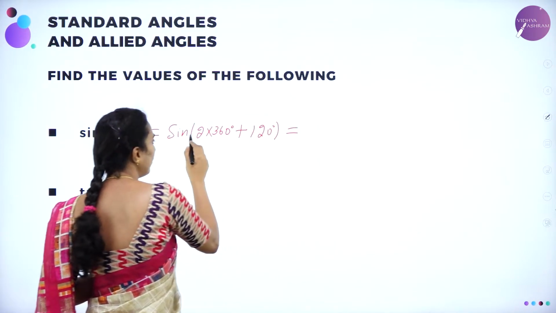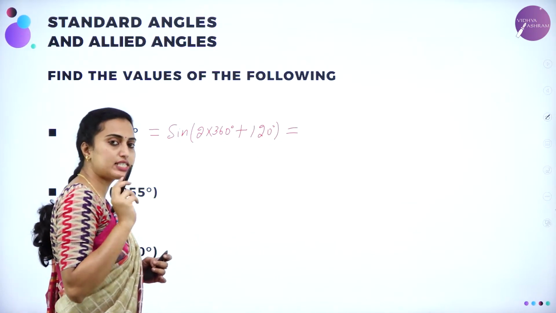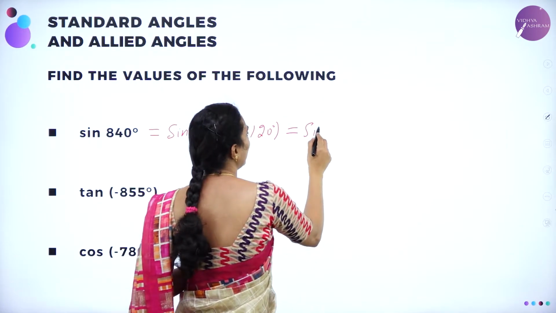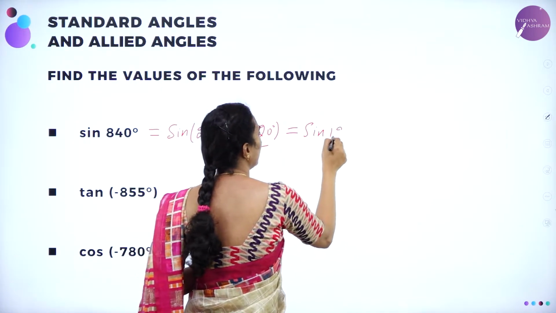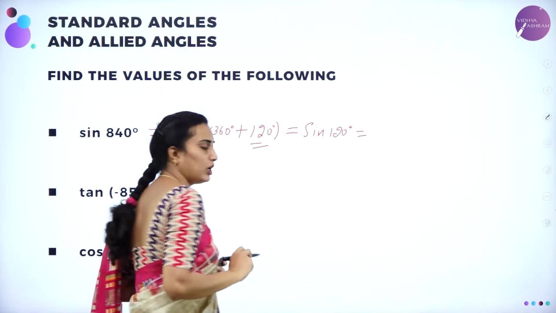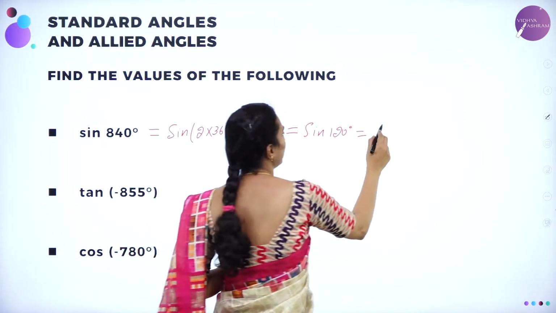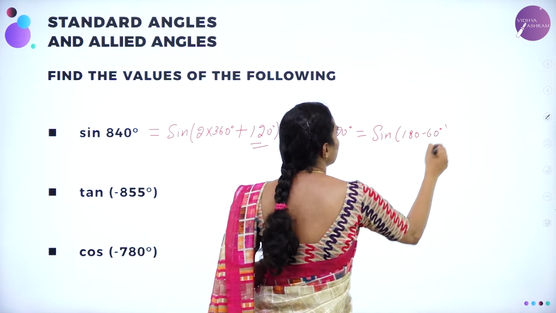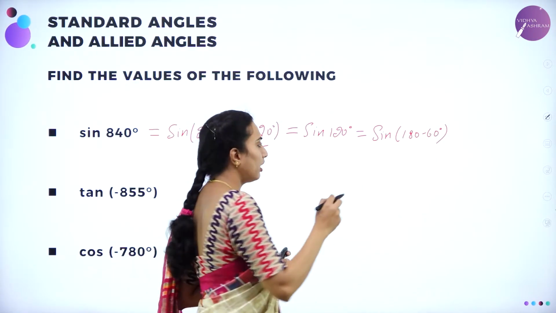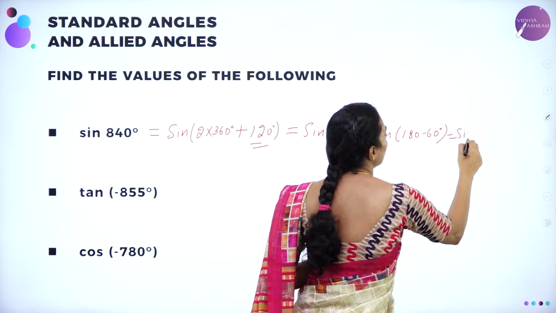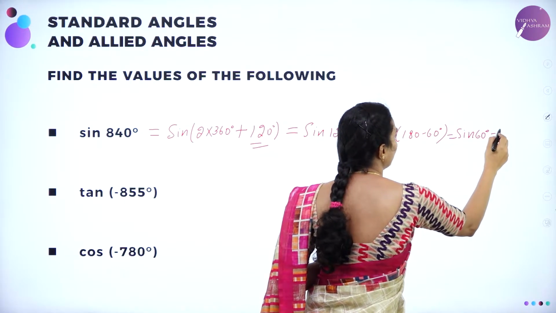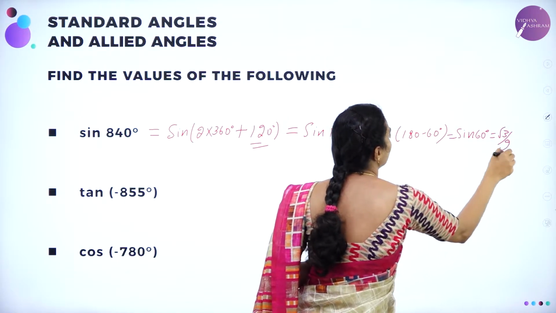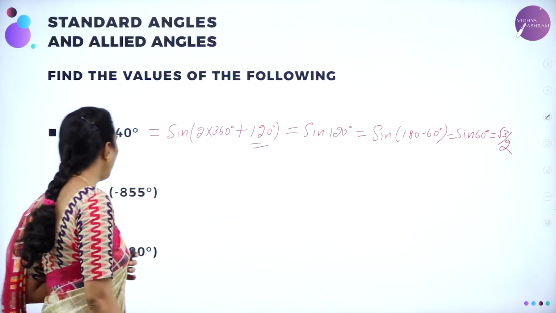So, you know, sin of n into 360 plus theta is sin theta. So, sin theta value is nothing but 120 degree, sin 120 degree, which is equal to sin of 180 minus 60. Sin of 180 minus theta is sin theta, which is sin 60 degree. Now, sin 60 degree takes the value root 3 by 2. That's it, dears. I hope you got this problem.